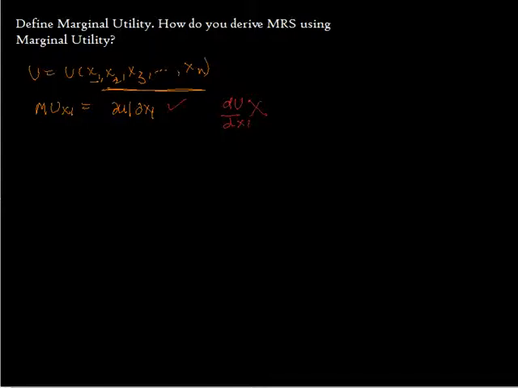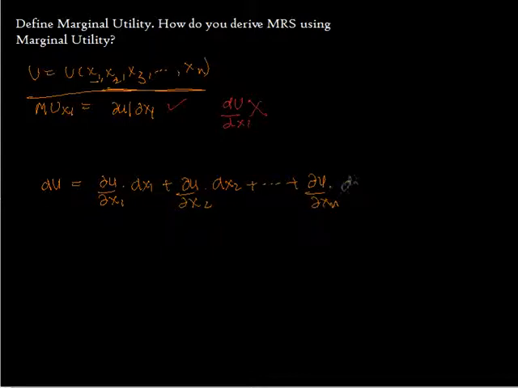Now we can write the total differential of the utility function. It is del u by del x1 into dx1, plus del u by del x2 into dx2, and so on to del u by del xn into dxn.